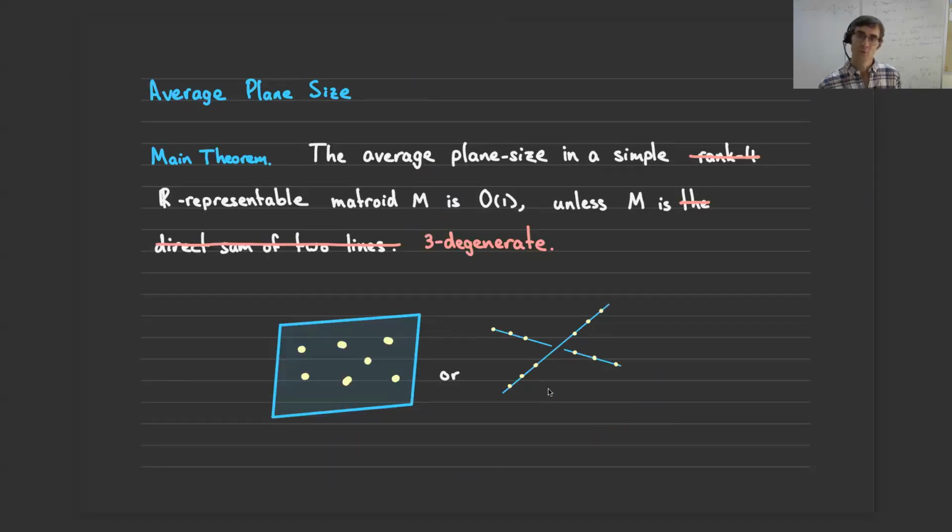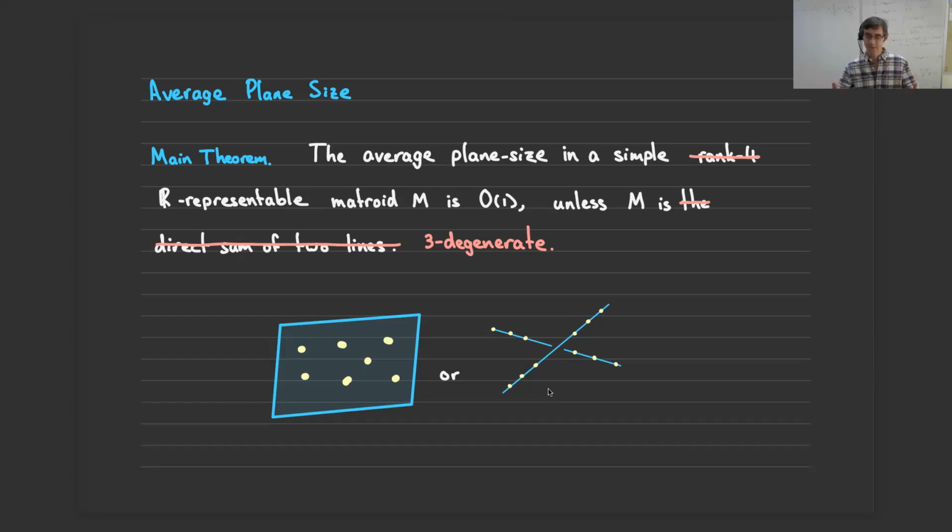And you can restate our main theorem by crossing out rank 4 and just saying that the average plane size is bounded by a constant unless M is 3 degenerate. So unless your matroid is either a set of points in a plane or a pair of skew lines, your average plane size is bounded.